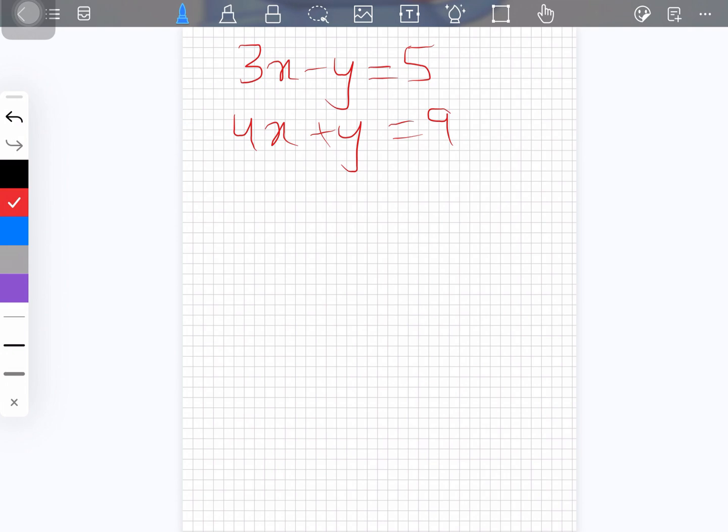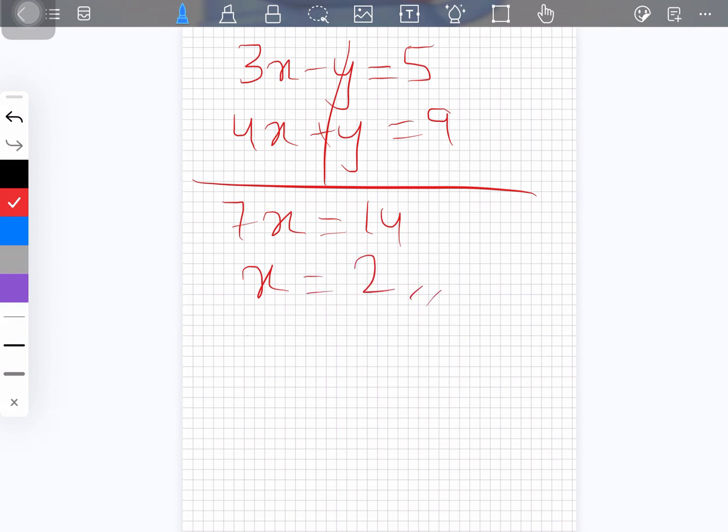If you have to find the intersection between these two, then what we usually do is just add them up. These two cancel out. 3 plus 4 is 7, and 5 plus 9 is 14. So this means x is 2, and y would be 1. So this is one way to do it.